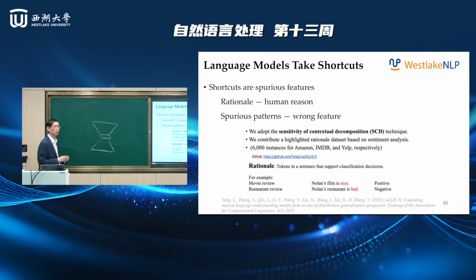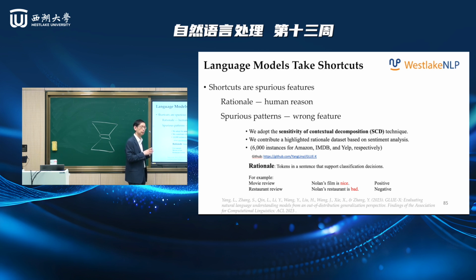You know, the rationale is the reasoning path people use. And the shortcut or spurious features are a path that the model uses, which is not correct. They don't overlap. For sentiment, as another example, when we look at the words excellent, good, we predict a positive label. But for movie reviews, the model might look at some other words that are correlated with good movies, maybe Nolan. So this is called a spurious feature.